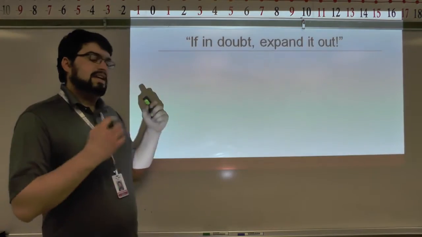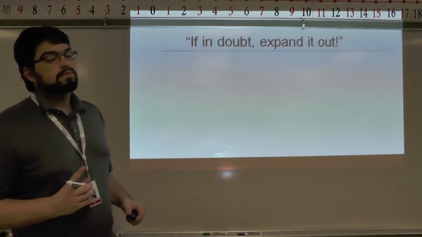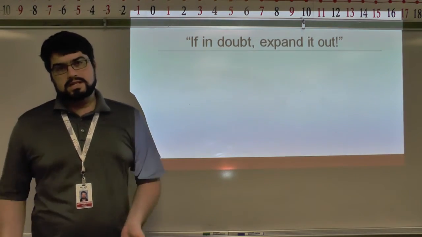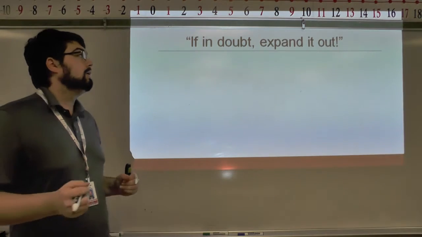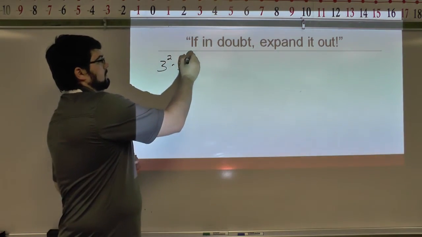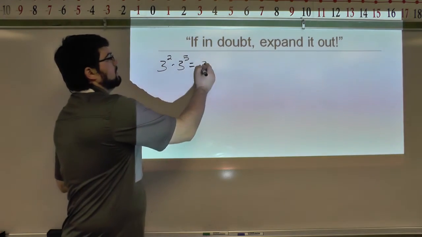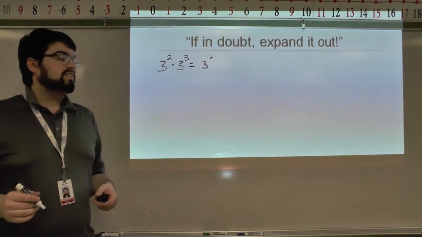My motto of the day: if in doubt, expand it out. So when we do this, that just means if I see something with an exponent, I'm just going to expand that out to see what's going on. So if I take that previous example, we know this equals 3 to the 7th power. Now let's find out why.